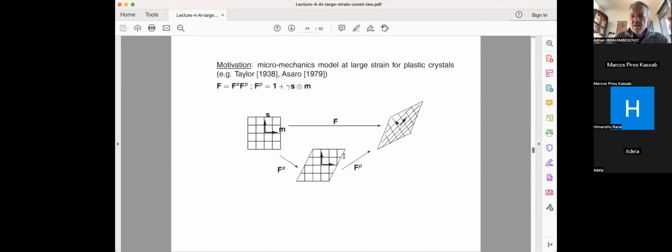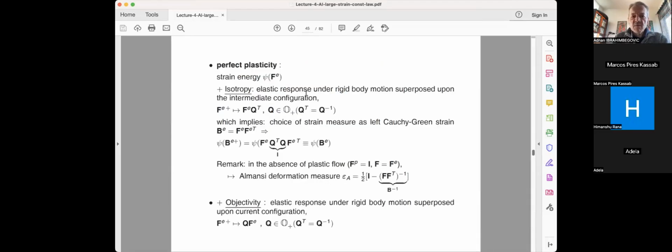The only thing I remember, Asaro was doing this with the people from Brown, and they were typically very much inclined to do viscoplastic rather than plastic deformation. But the whole point is they are doing the plastic deformation gradient typical of the slip system, that is S tensor N, which is like mode 2 type of slips, characterizing the plasticity of metals. And then you can justify also this multiplicative decomposition from the micromechanics as well.